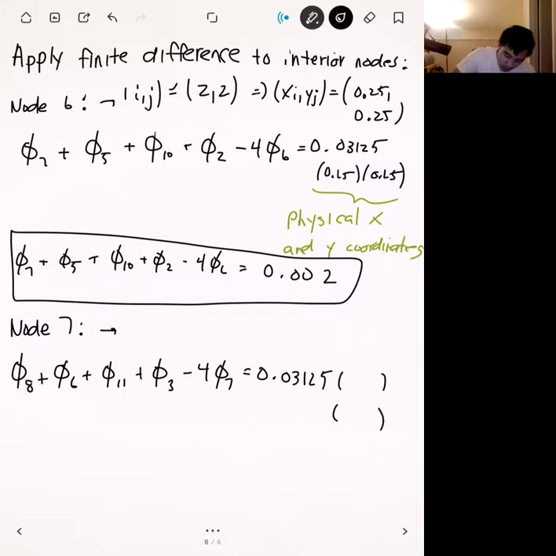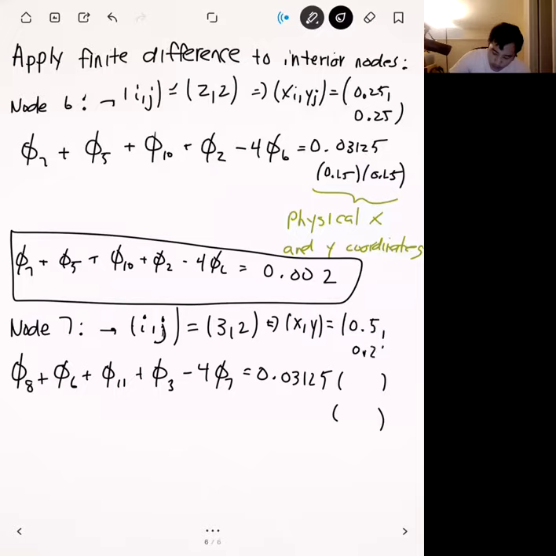For node number 7, the ij coordinates are going to be 3, 2, because it's three nodes over in the right direction and two nodes up. The physical xy coordinates for this, assuming our grid spacing is 0.25, are going to be 0.5 and 0.25.